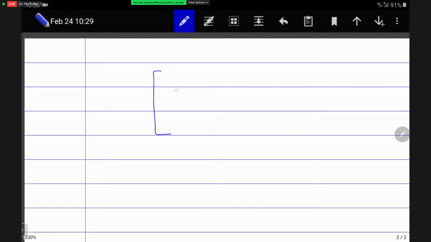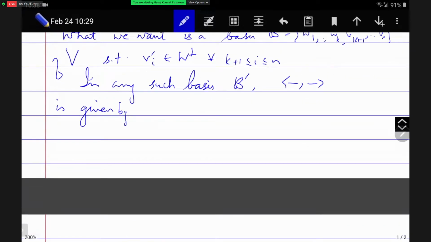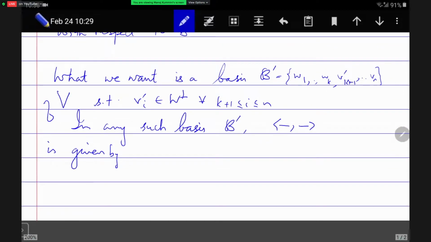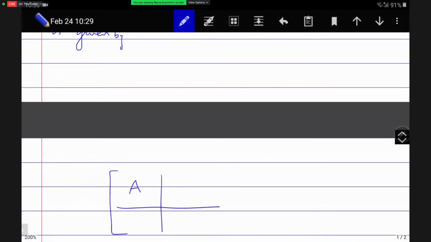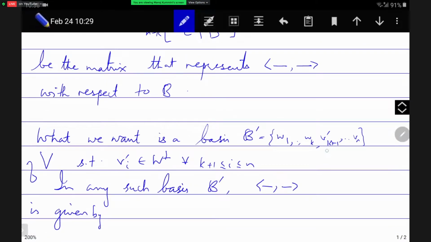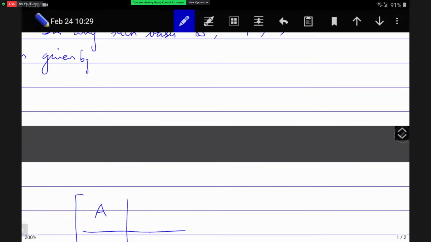The first part is the same, because we have not changed the W's. Because we have taken the V primes to be orthogonal to the W's, we will get 0 here.